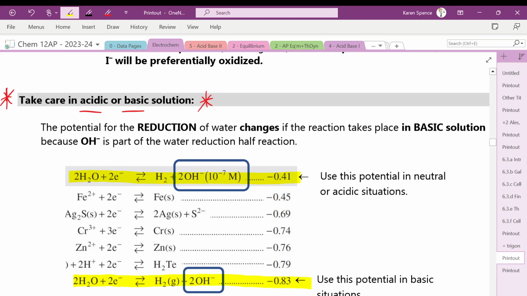One of them is nicely highlighted for you, and the other is not. Basically what happens is that the potential for the reduction of water changes if we put it in basic solution, and that's because OH minus is part of the reduction half reaction. So you will be at non-standard conditions.